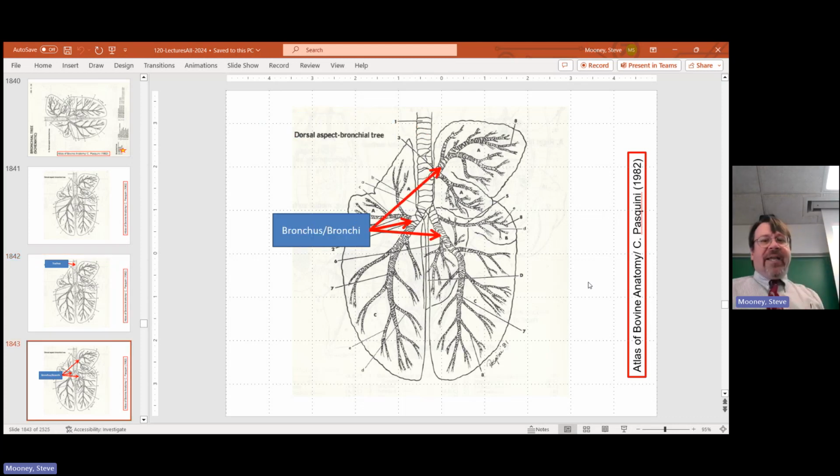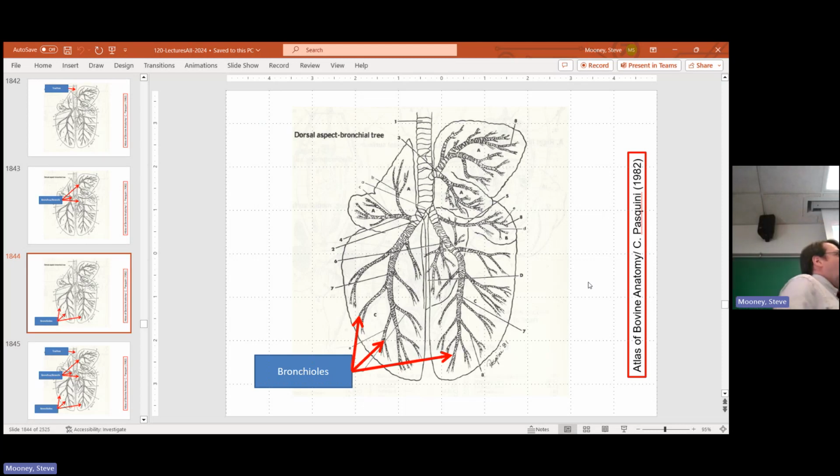So we go from the trachea to the bronchuses, singular, bronchi. So 1, 2, 3 branches that we start with, and we proceed down to smaller and smaller bronchioles. So getting down in there, mostly rigid pathways that are always open, no matter whether we're inhaling or exhaling.